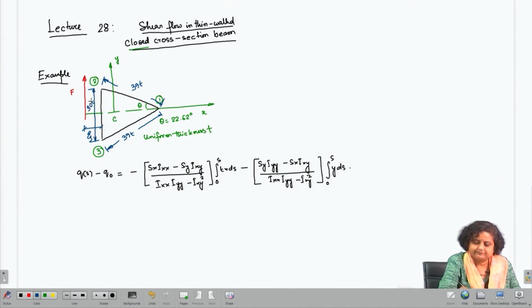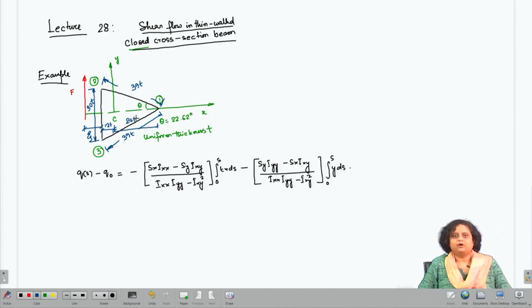This is 30 t. Now, C is the centroid. So, the centroid is 12 t and 24 t. So, in summary, we have an isosceles triangle shown by the black color line. It has a uniform thickness of t.